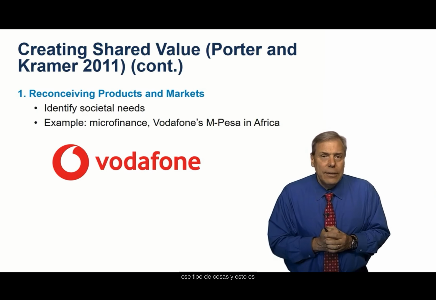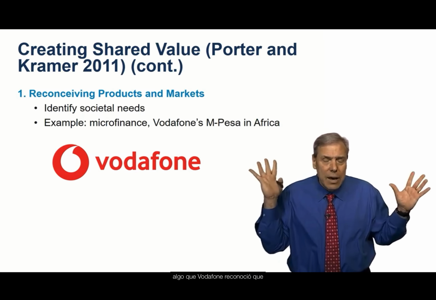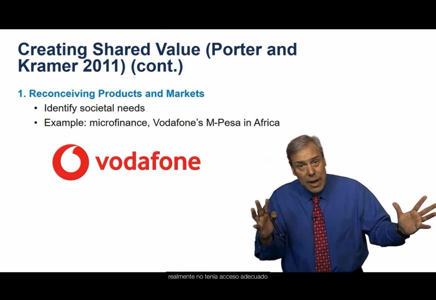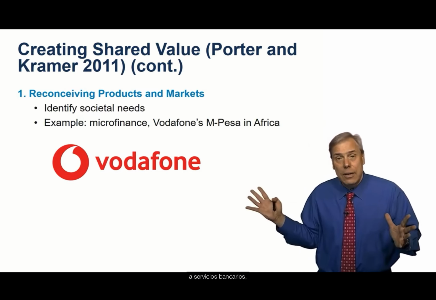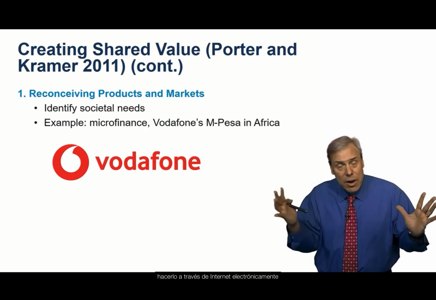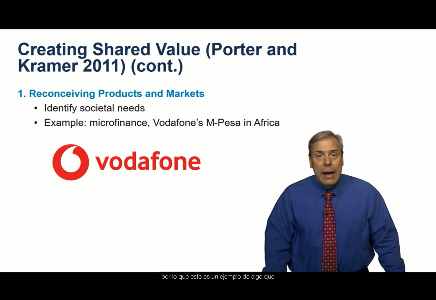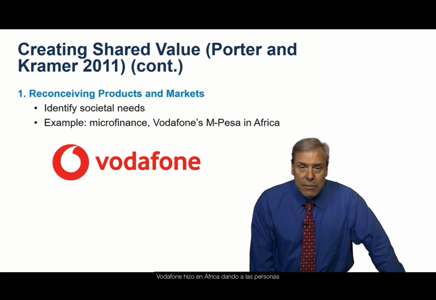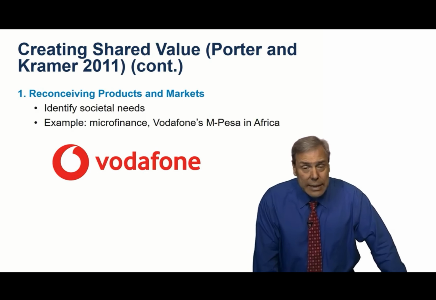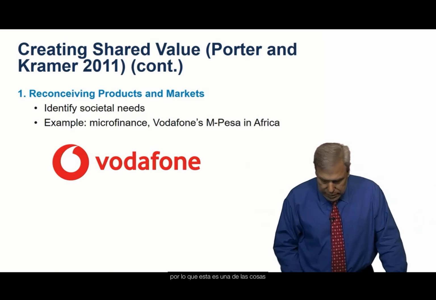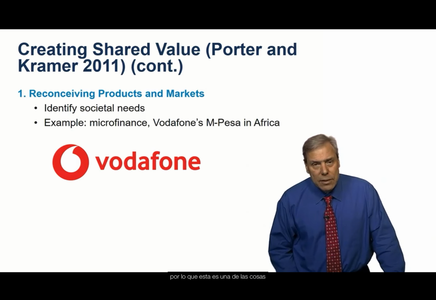Vodafone recognized that in many African countries, people didn't really have adequate access to banking services. But there might be a way that they could do this via the internet, electronically on their phones. So this is an example of something Vodafone did in Africa, giving people in remote locations where there wasn't adequate banking access to online banking. This is one of the things that they did very well.